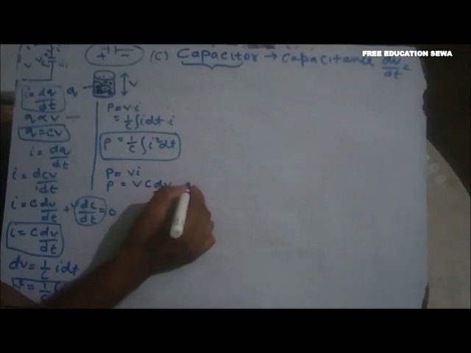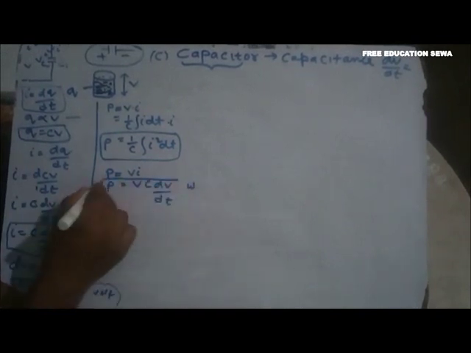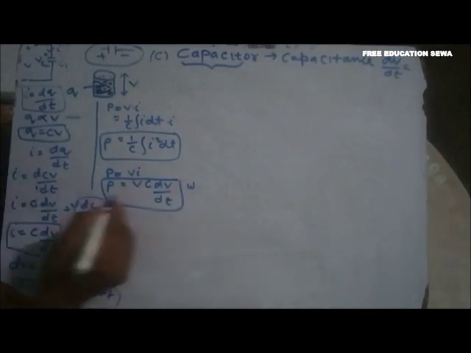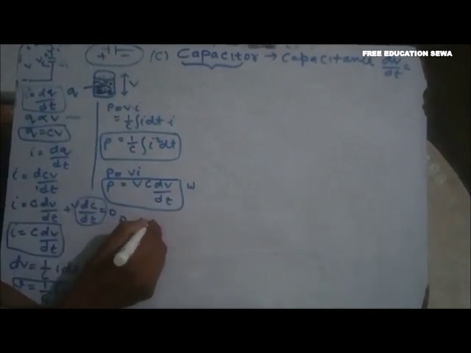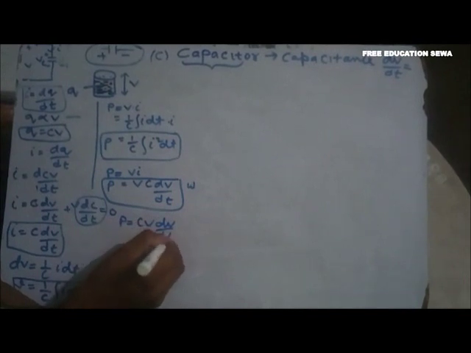The SI unit is watt, and this is the instantaneous power. We can also write P equals CV dV by dt. Same.